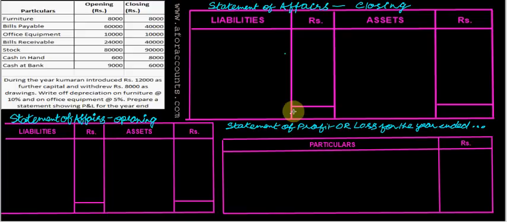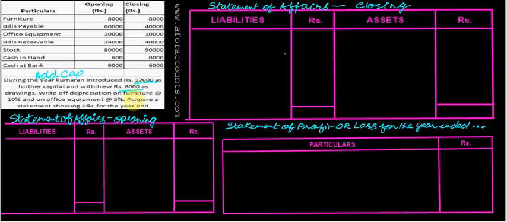What other information is given? Just have a quick look. During the year, Kumaran introduced rupees 12,000 as further capital. So this is your additional capital, 12,000, and withdrew rupees 8,000 as drawings. So drawings have also been given to you.